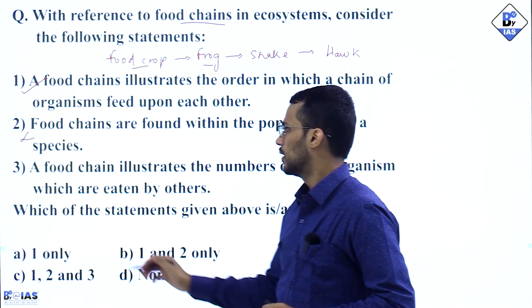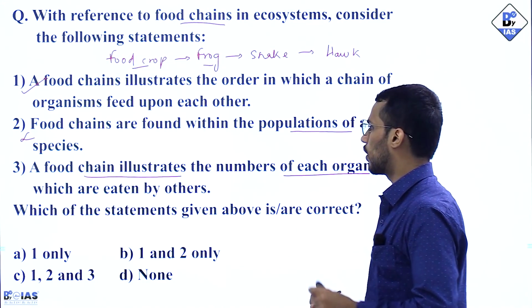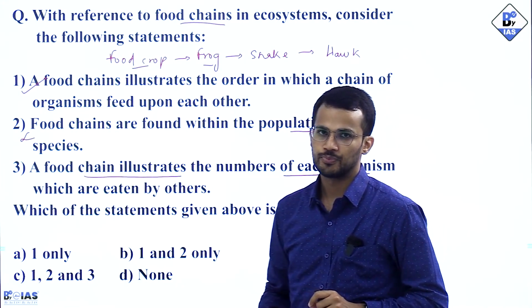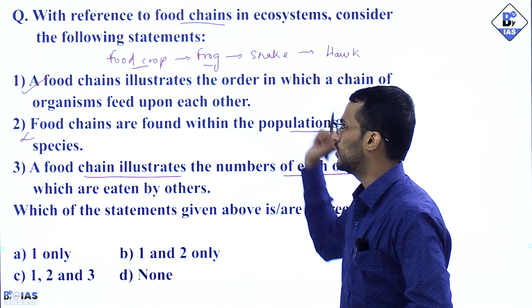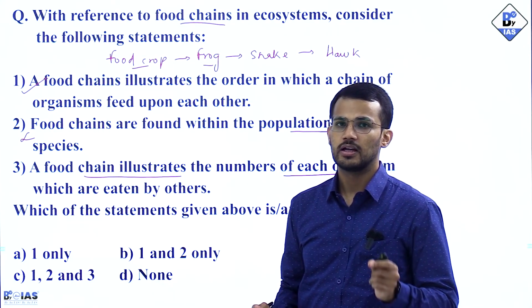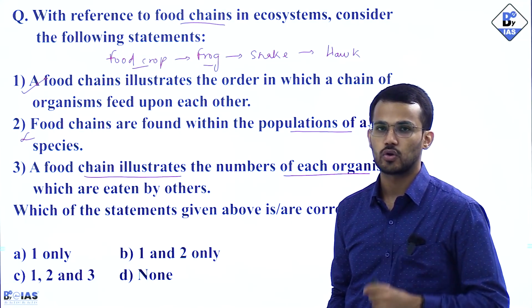Third statement now, a food chain illustrates the numbers of each organism which are eaten by others. So this is a food chain, and this food chain does not tell us about the number of organisms that are being eaten up by the next organism in the trophic level.